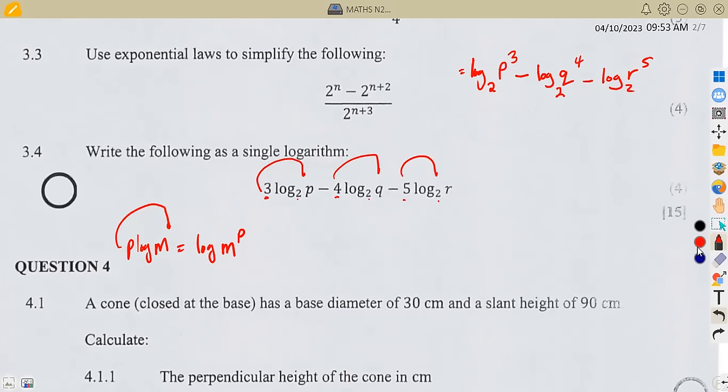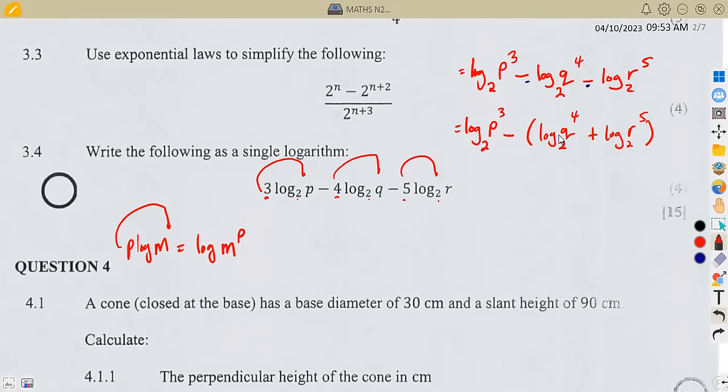You can simplify the first two here, and you can factor out a negative in this case. So that means we are going to have the logarithm of p to the exponent of 3 in base 2, minus, if you factor out a negative here, log q to the exponent of 4 in base 2, plus, because it's negative divided by negative, so it will be a positive now, the logarithm of r to the exponent of 5 in base 2.